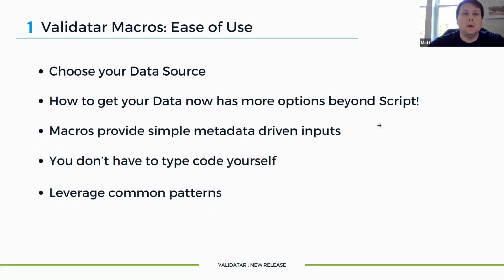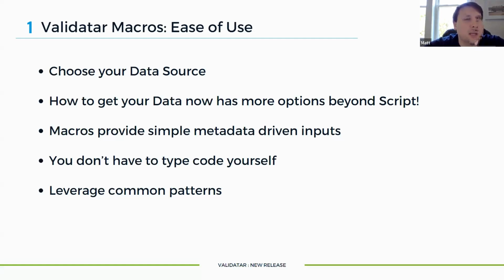And so just as a big picture perspective, the kind of workflow that is now provided via a validator macro: in creating a test, you still choose your data source, but then the drop down that asks you how do you want to get your data has more options than just the word script. And so you now are going to be able to select an individual macro in that drop down.